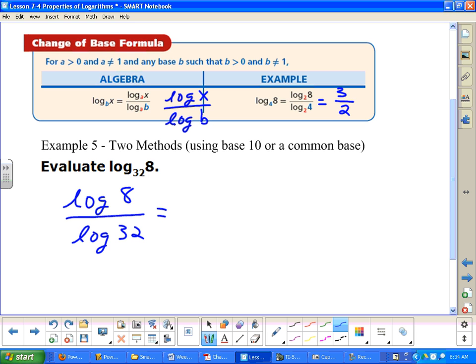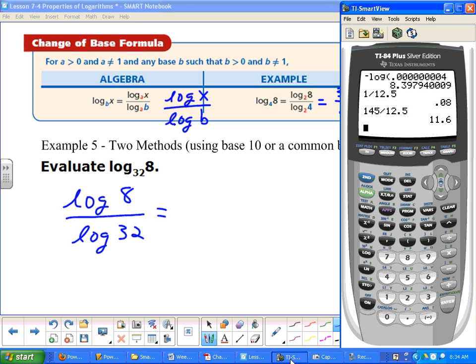My calculator will do that. Log of 8 divided by the log 32. And that's 0.6.